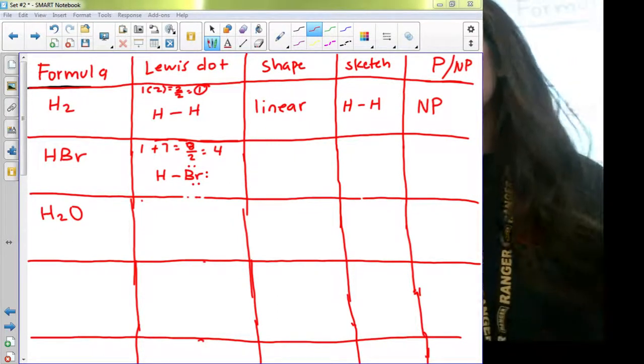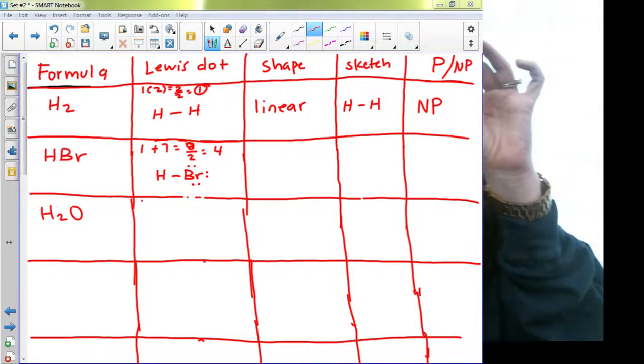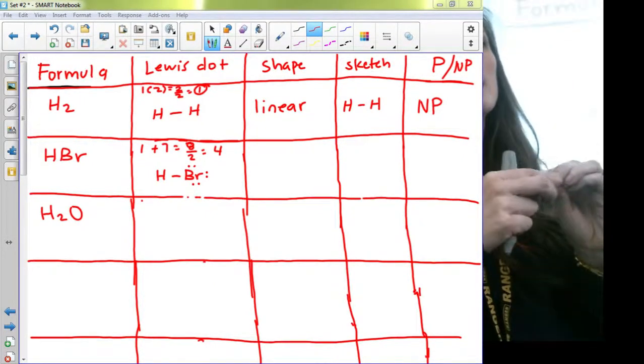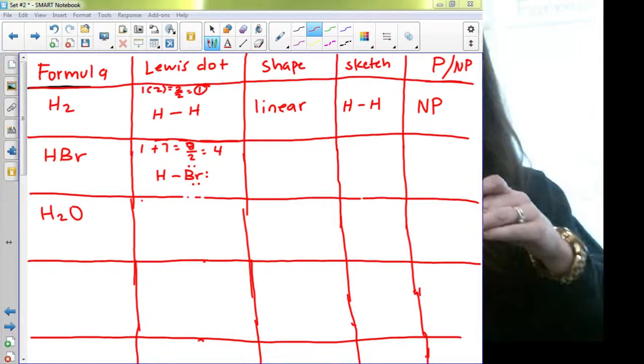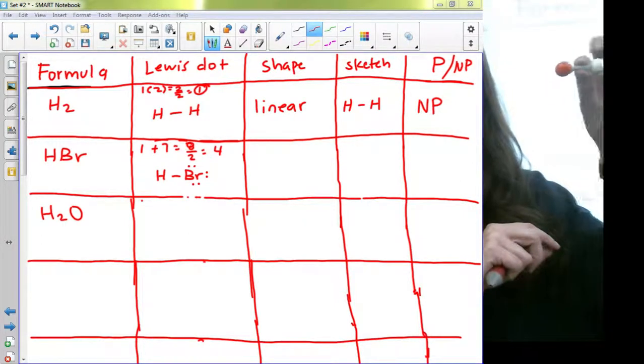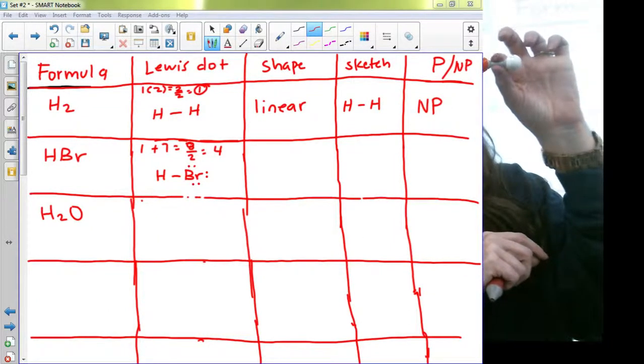Okay. Now, if I build this, I have hydrogen to bromine. If you're confused about what they are, there's a sheet inside of it. Do you see where it says what they are? Okay. So, what shape does this look like? A line.